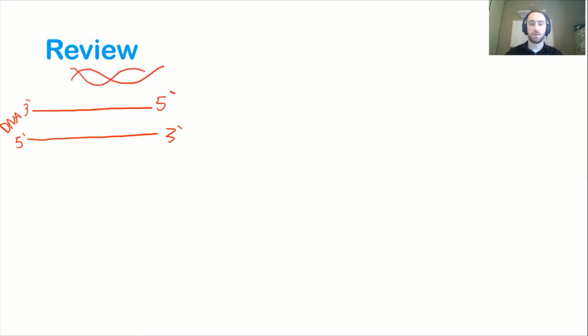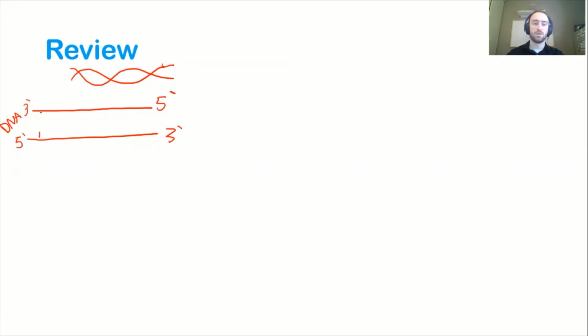So with DNA, we have two strands, right? We have two strands. This is our DNA. One strand reading 5' to 3', and the other reading 3' to 5', right? So normally these strands are intertwined into a double helical form, and they run anti-parallel to one another, hence why one is 5' to 3' and one is 3' to 5'.